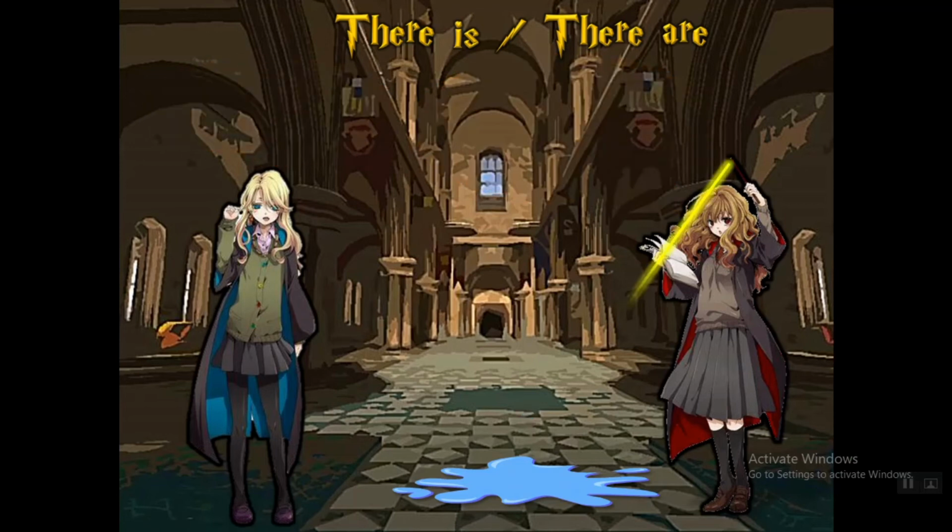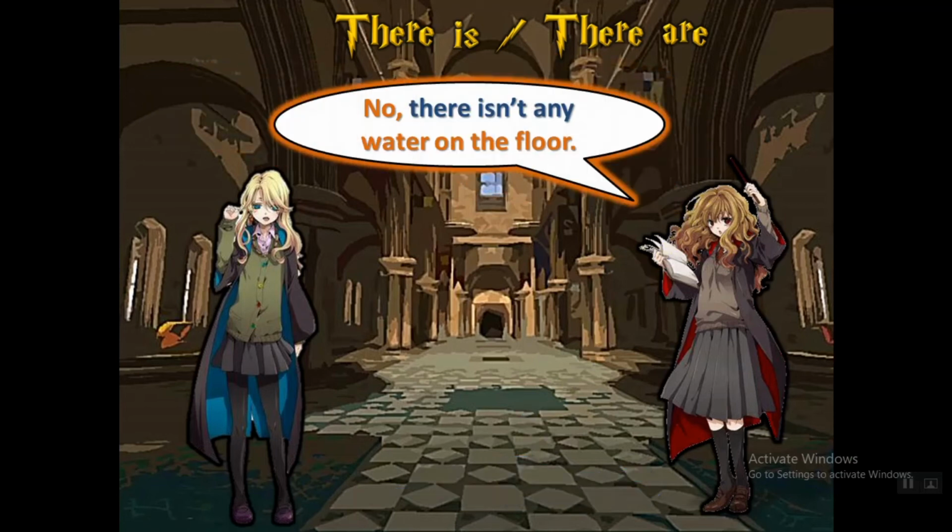Now, is there any water on the floor? No, there isn't any water on the floor. And be careful here. Here we say no with isn't. We use any, not some.